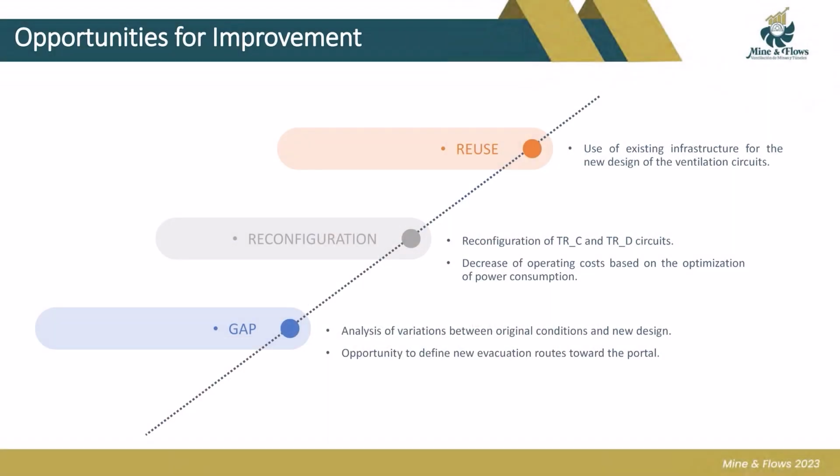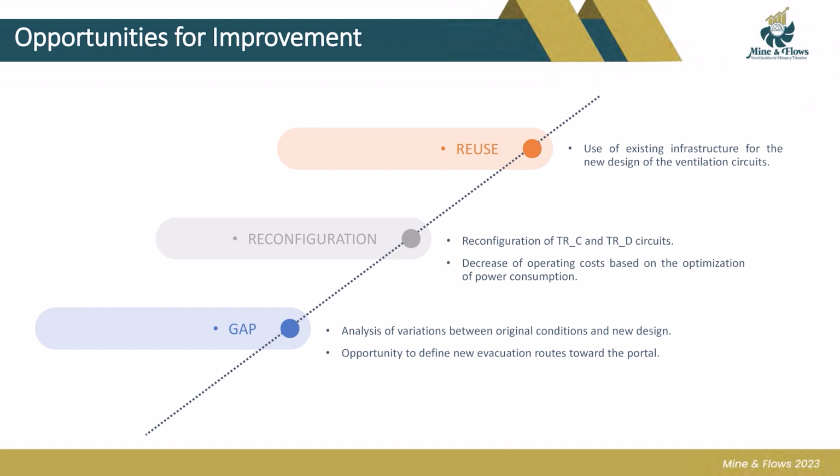During the feasibility study assessment, based on the new conditions evaluated, a new strategy is proposed to improve the main ventilation system design from the pre-feasibility study. This strategy is based on three core ideas: first, develop a gap analysis to identify opportunities for improvement based on the efficiency of the base model and guarantee adequate evacuation routes in the case of mine fire.